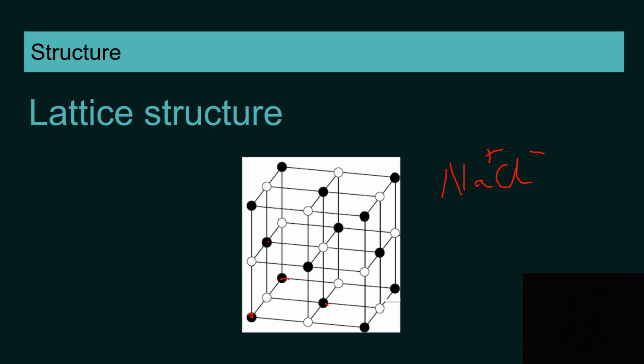The same goes for the chloride, which gets surrounded by sodium, and together they form a structure that can have a lot of shapes. Just think of it like a net, and you call it a lattice structure.